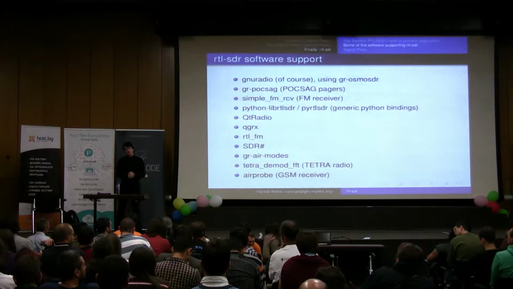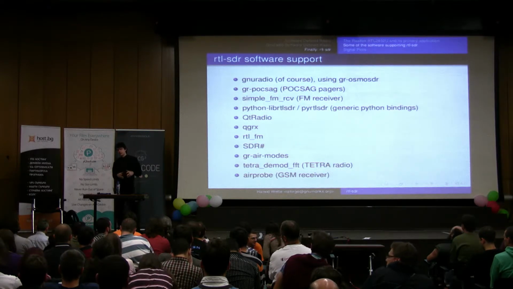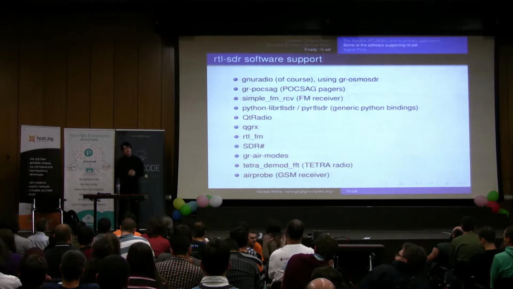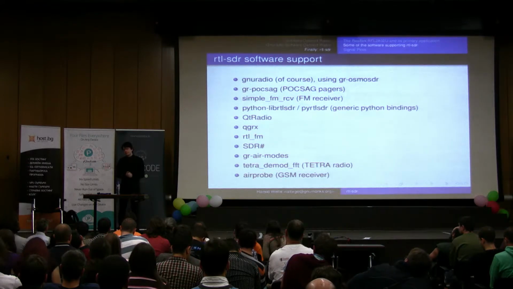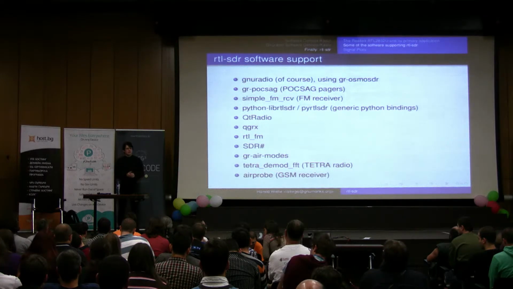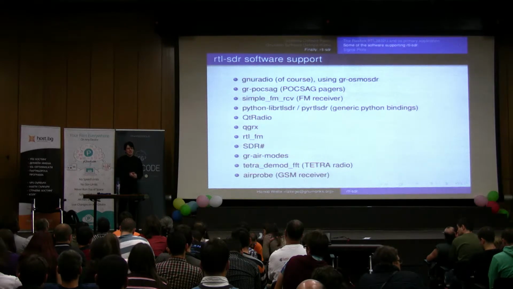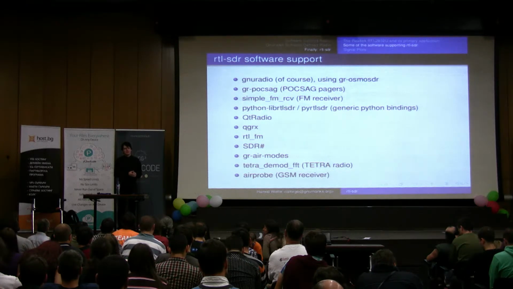Otherwise, of course, there's the USRP family of devices which are available, which can transmit. You can use those devices, for example, with some other GNU Radio-based software to transmit, well, of course, analog radio. It's very easy, but there's even code for transmitting DAB, the digital audio signal, for example, or code to transmit even a GSM network. With OpenBTS, you can run your own base station on such a software-defined radio transmitter.